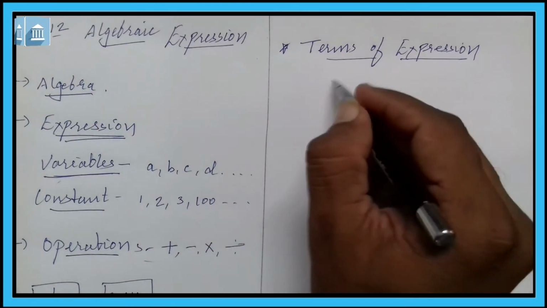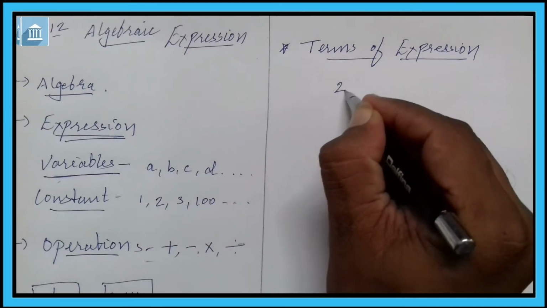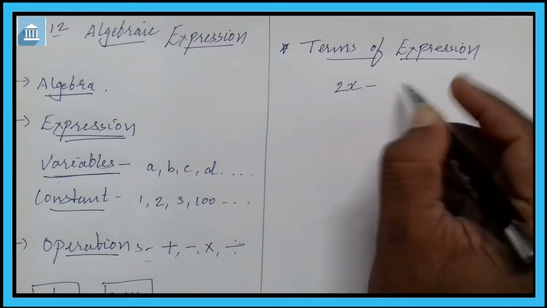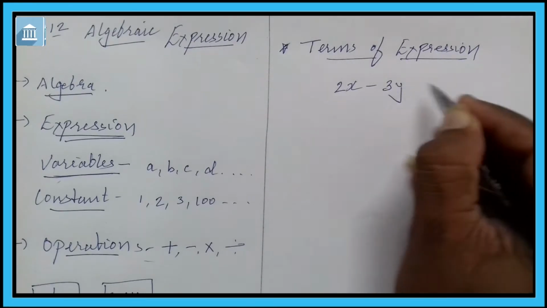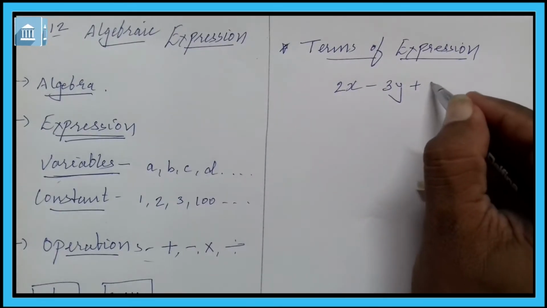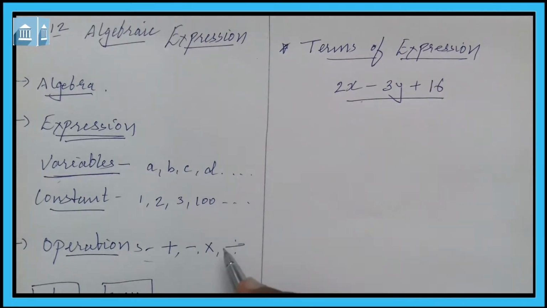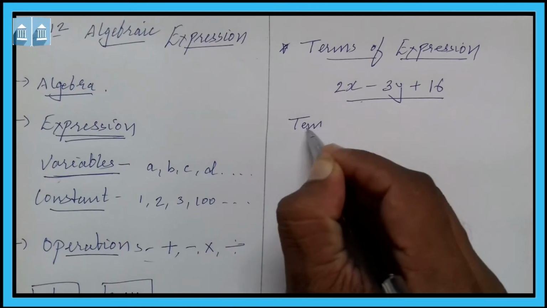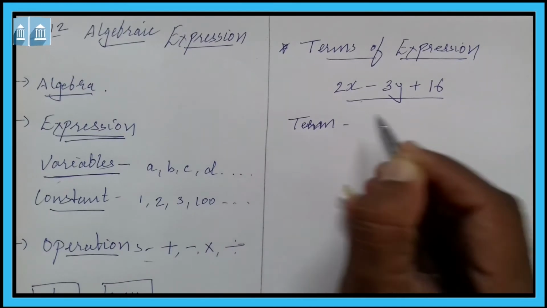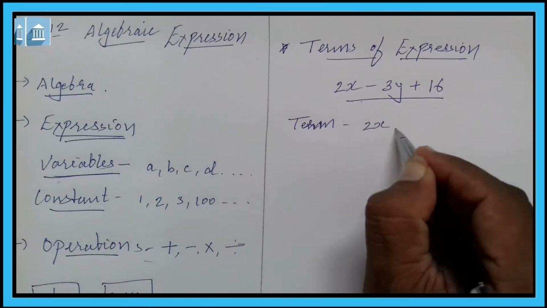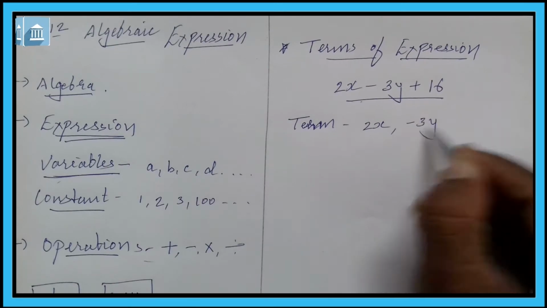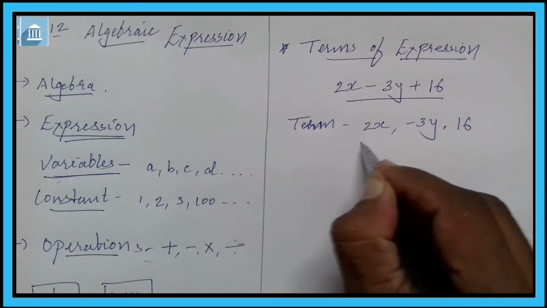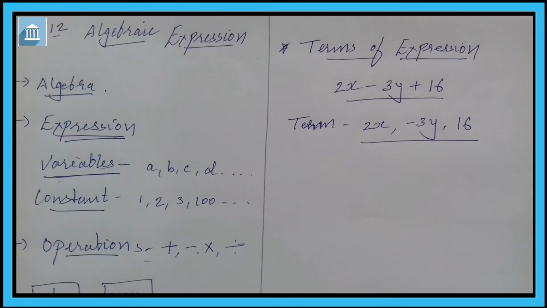Let me write here one expression, 2x minus 3y plus 16. Now what are the terms here? Here three different terms are there. They are 2x, minus 3y and 16. These are the three terms of this expression.